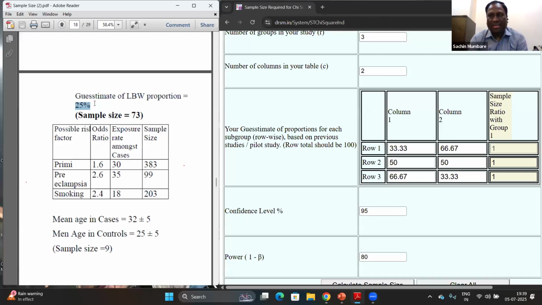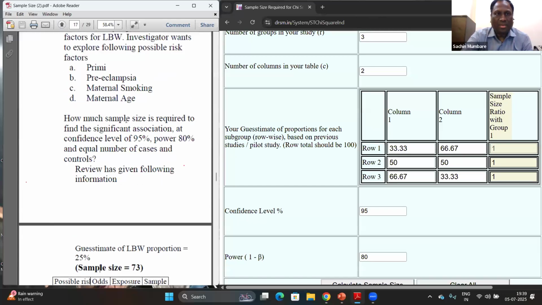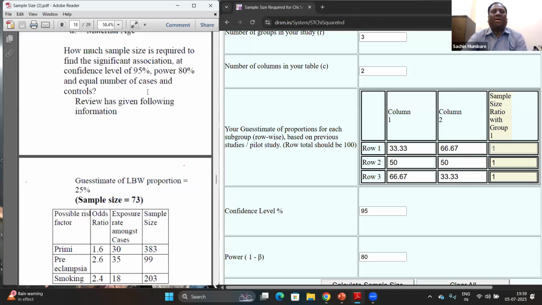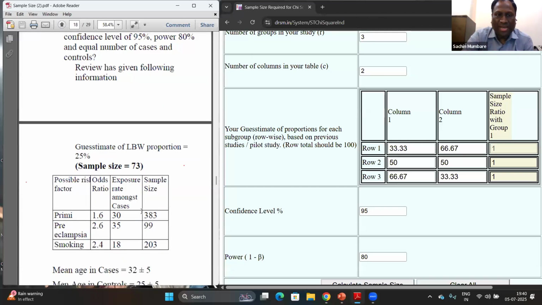Now, this is the first objective: estimate the proportion of low birth weight babies. That means you are selecting all the mothers that are available. Now, if you select 100 mothers, how many LBW babies will you get? 25.